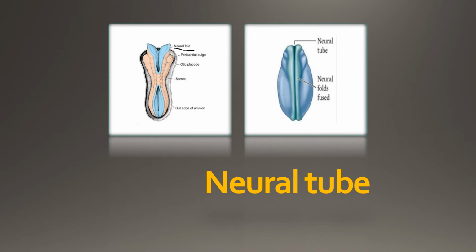Here we can see that fold, which we call the neural fold. What happens next is the neural folds fuse on the posterior side, that is on the dorsal side, from cranial to caudal. This forms a tube-like structure above the notochord.